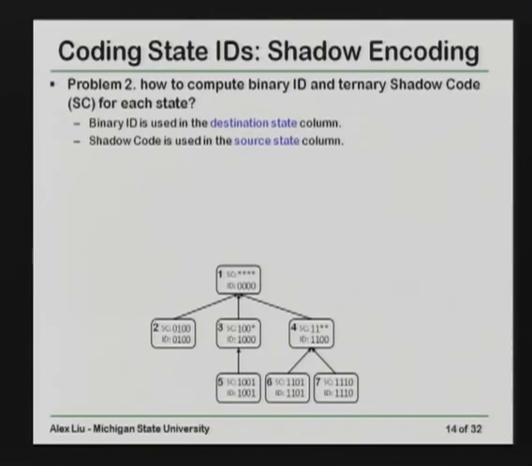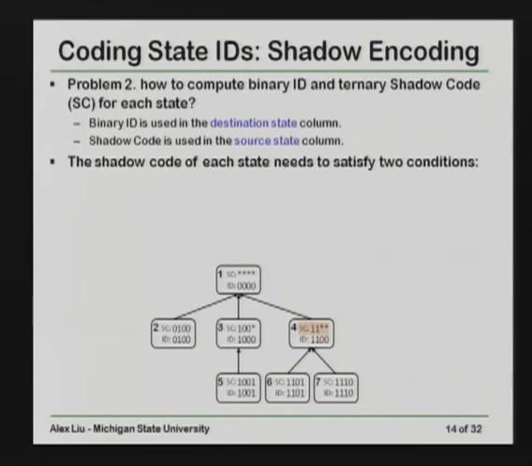So every state has two codes. One is binary, which is called the state ID. This will be used in the destination state column. Destination, remember, is in SRAM, so it is binary. And it also has a shadow code, which is ternary. This shadow code will be used in the source state column.